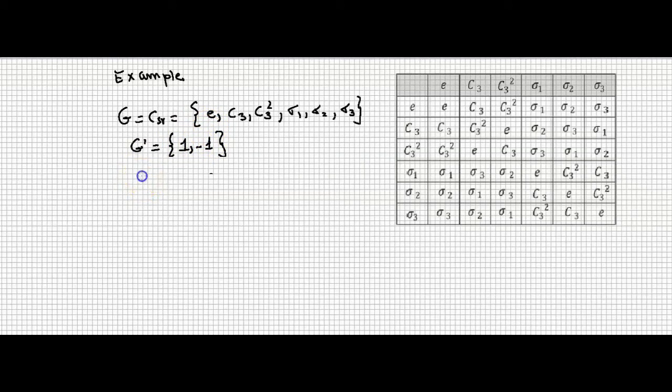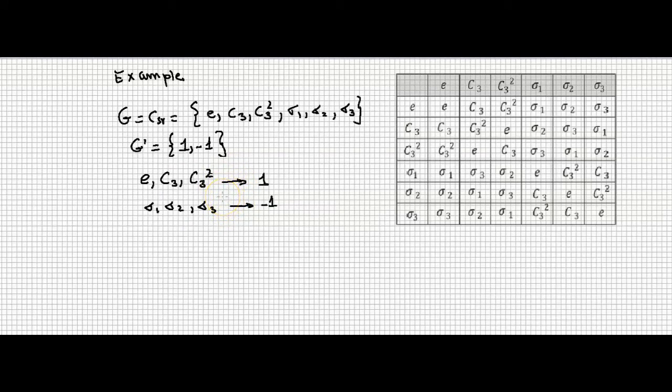So if we make correspond to the elements E, C3, and C3 squared, the element 1 in G prime, and to the elements sigma 1, sigma 2, and sigma 3, the element -1 in G prime, this application forms a homomorphism.